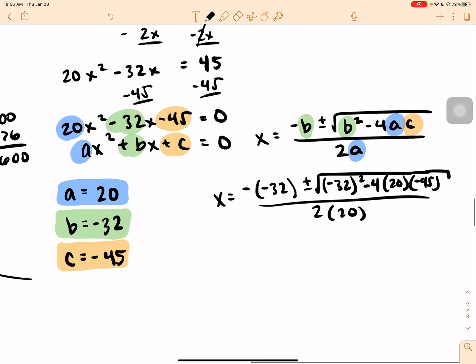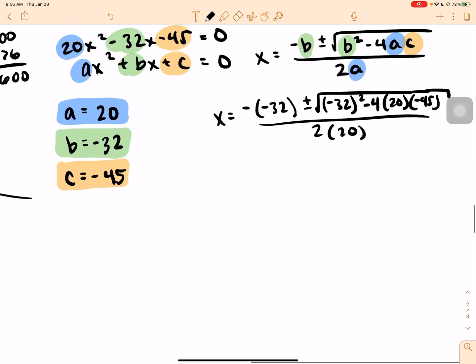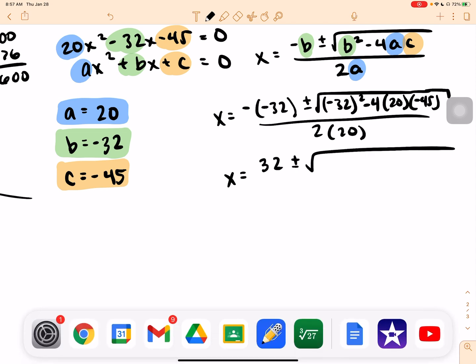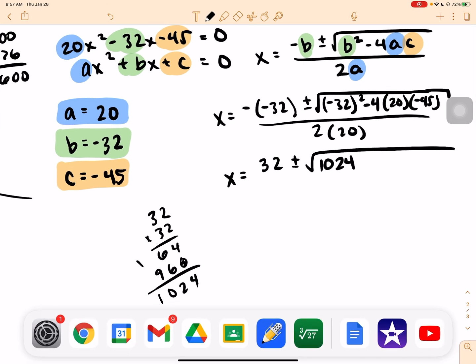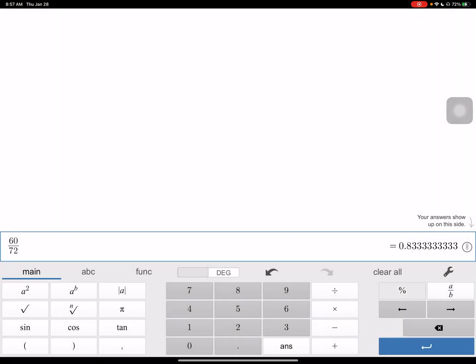All right, so now we have to start simplifying. So we have x equals this negative times negative 32 is just positive 32. 32 squared, I'll just do it here. 1,024. And then I have 4 times 20 times 45.